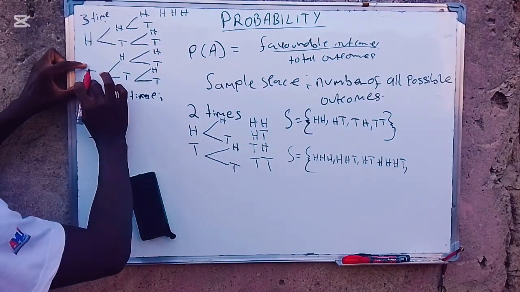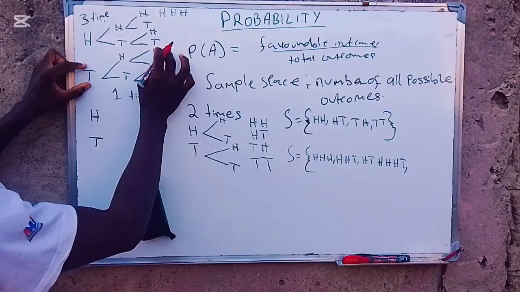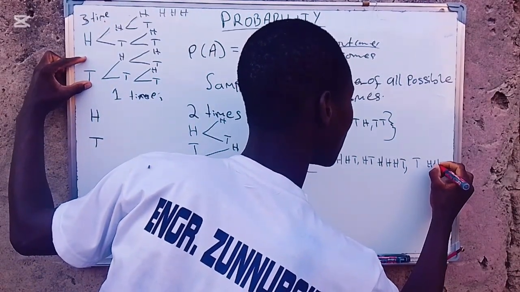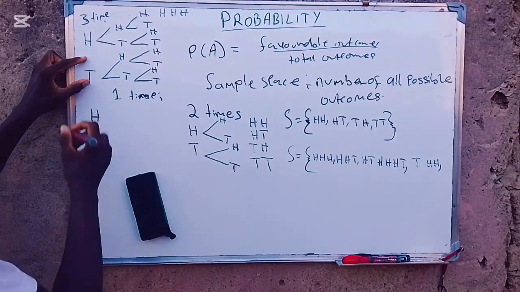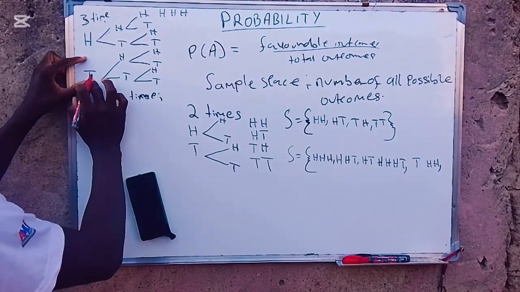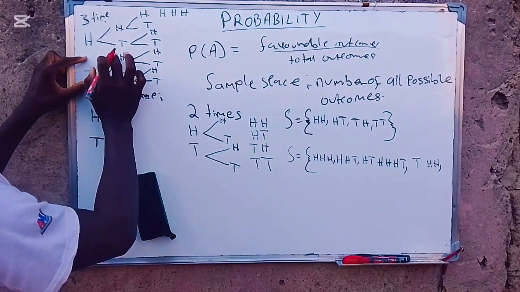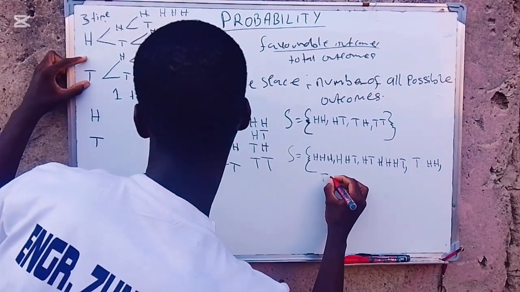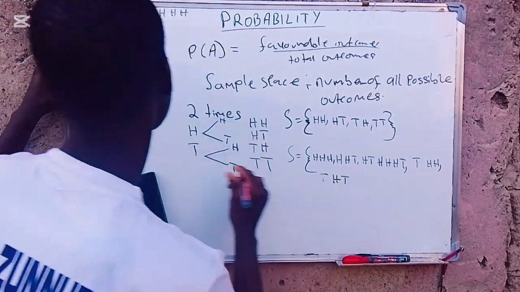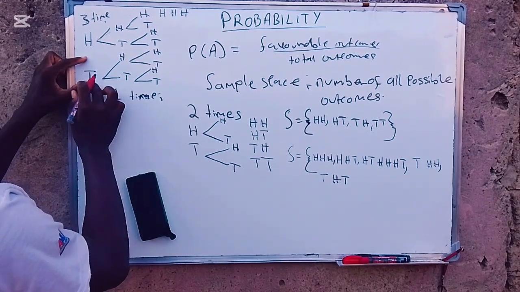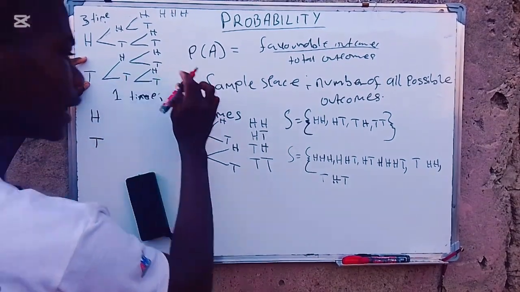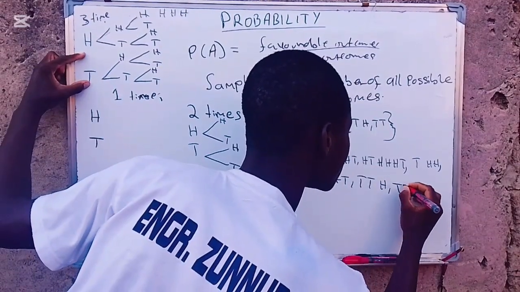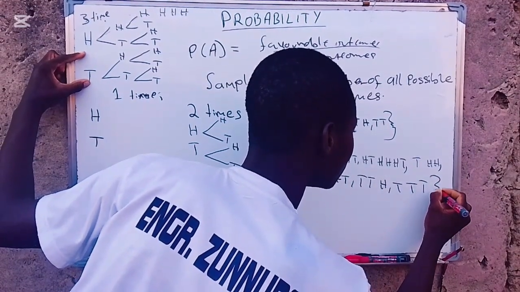Therefore there is a probability of getting tail, head, head, tail, head, tail, tail, tail, head, and tail, tail, tail.